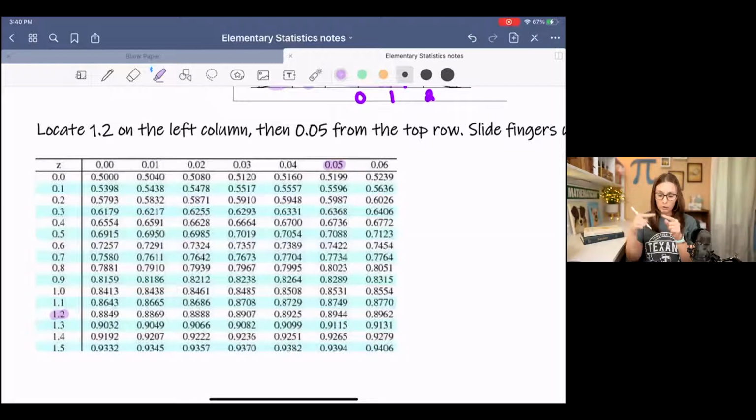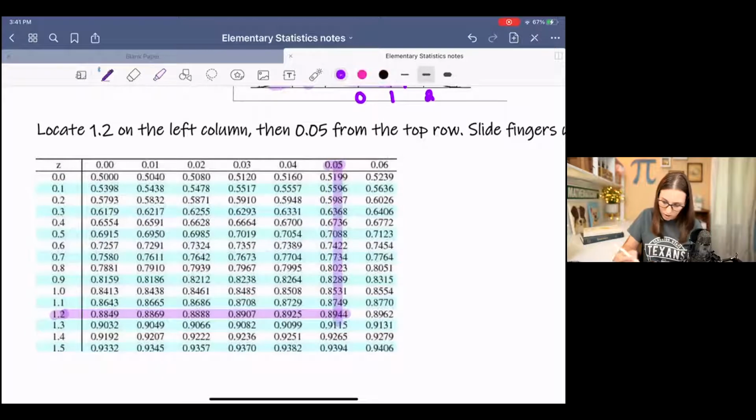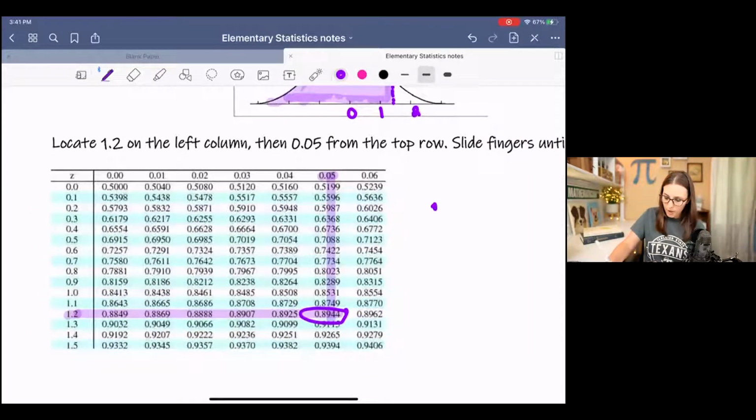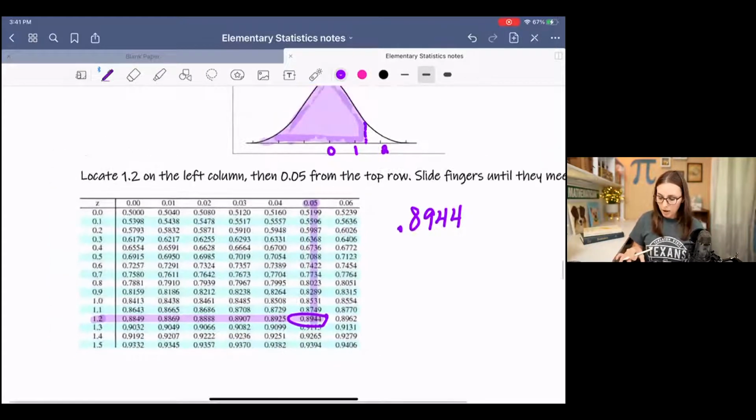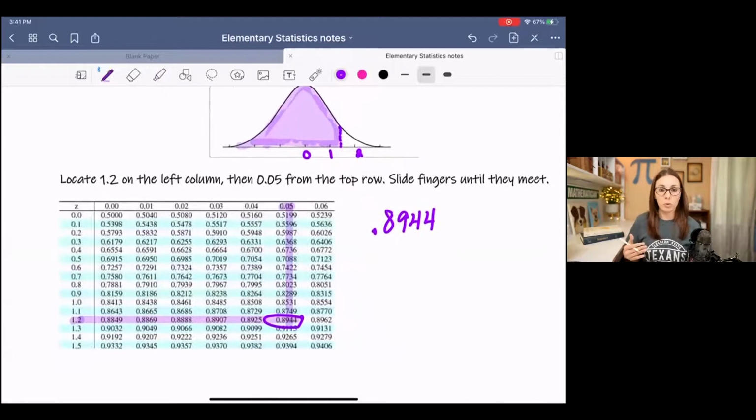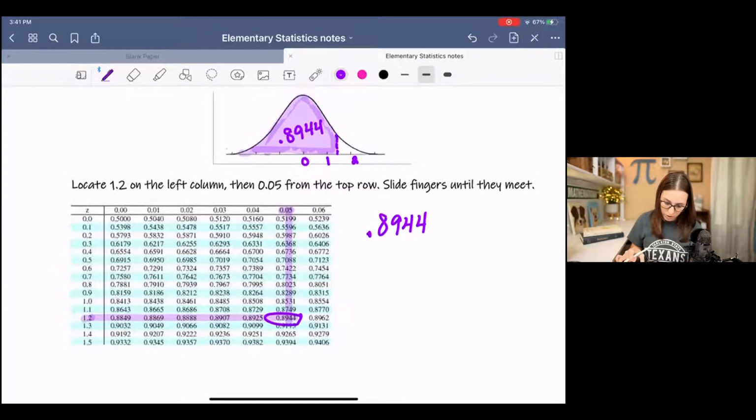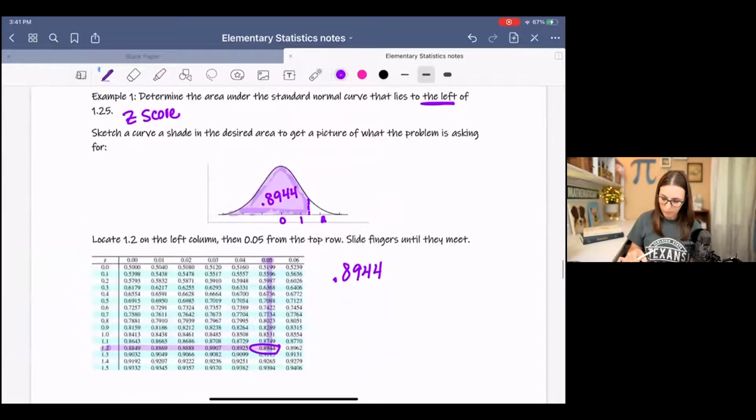Now, if we drag our fingers and see where those meet, that's right here at 0.8944. So the area associated with a z-score of 1.25 is 0.8944. Do we want percent? No, just area.